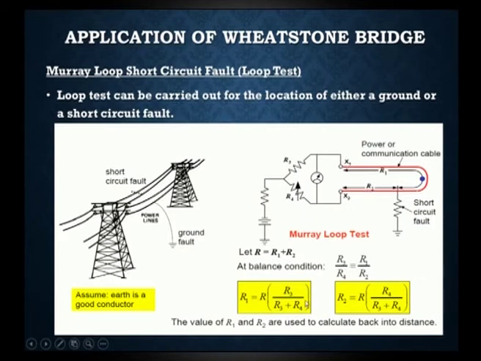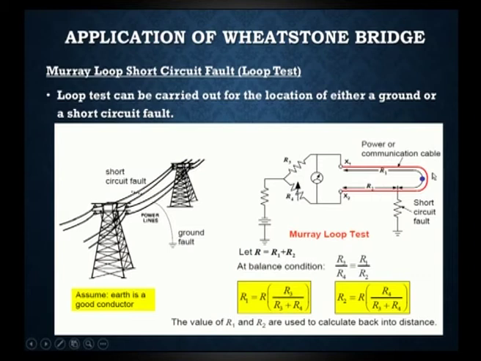This can be rearranged as R1 equal to R into R3 divided by R3 plus R4, and for R2 we can find R into R4 divided by R3 plus R4. This is how we find R1 and R2.